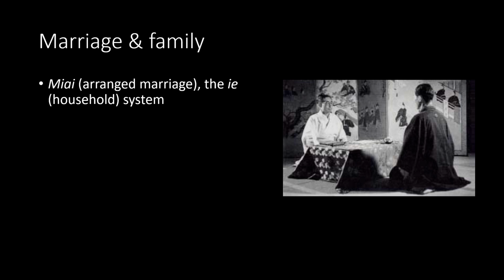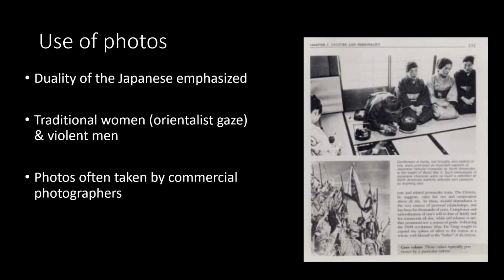Also, the ie system, the household system, that is thought to represent some of the old style family ideals, often is featured under this topic. So it's quite doubtful whether these kinds of representations actually represent contemporary Japan.